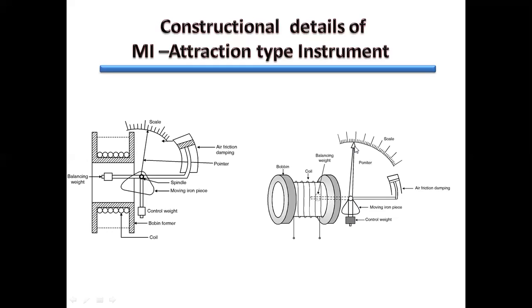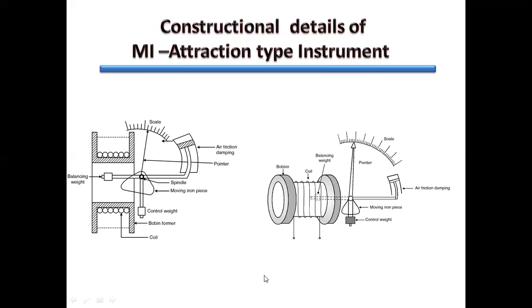The pointer is deflected on a scale. So this is how the indication of instrument is obtained. So ultimately this iron piece gets attracted towards the magnetic flux produced by coil. Hence this instrument is called as moving iron attraction type instrument. The same thing is shown in the 2D sketch.